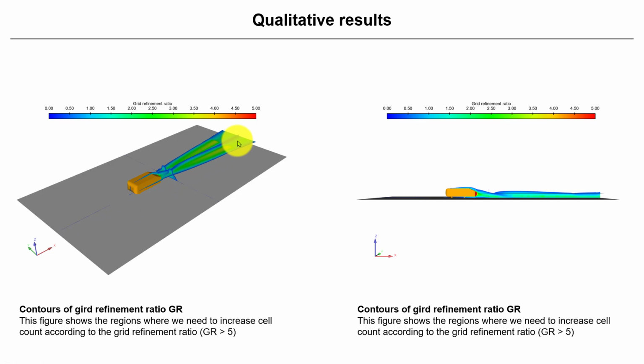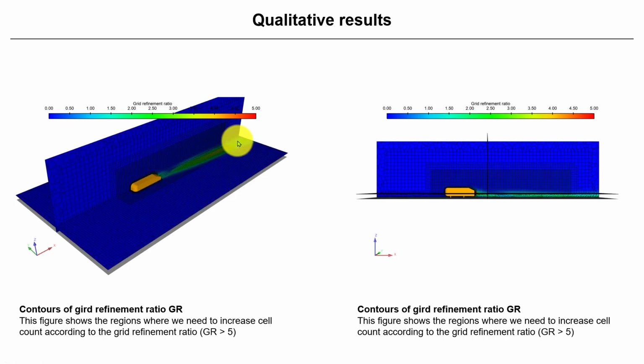Now if I draw the mesh, I have the cut planes and I'm not filtering now. See that you have this mesh, and clearly you can see here, for instance, when you have the transition between the small and large cells, the refinement ratio drops fast.